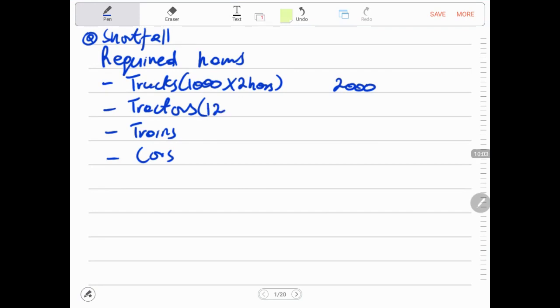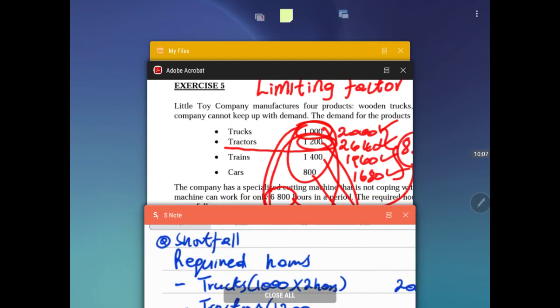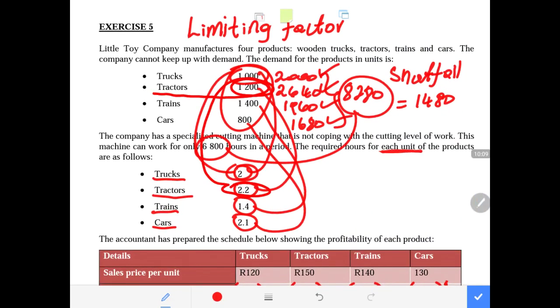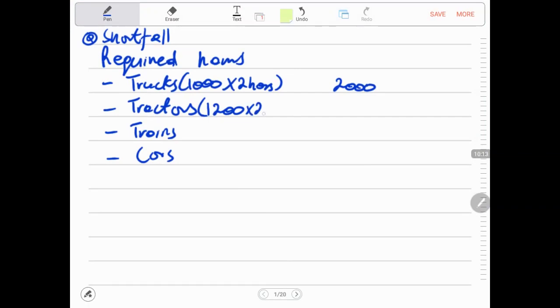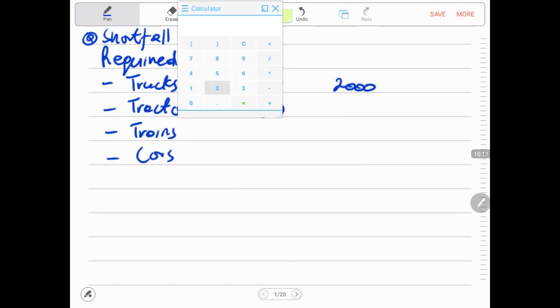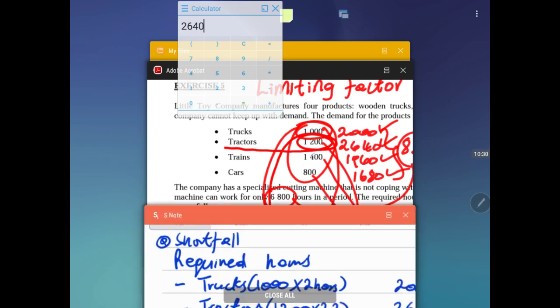Just to confirm that, 1,200 times 2.2 gives us 2,640 hours.